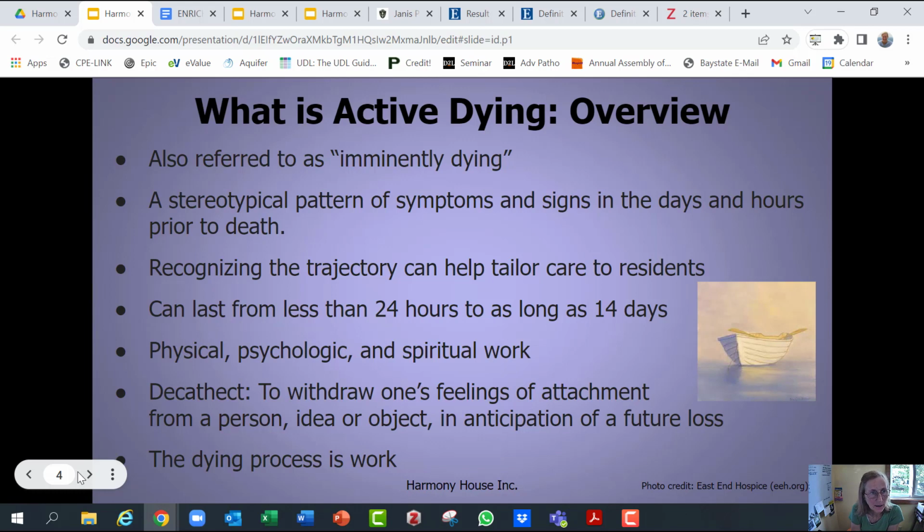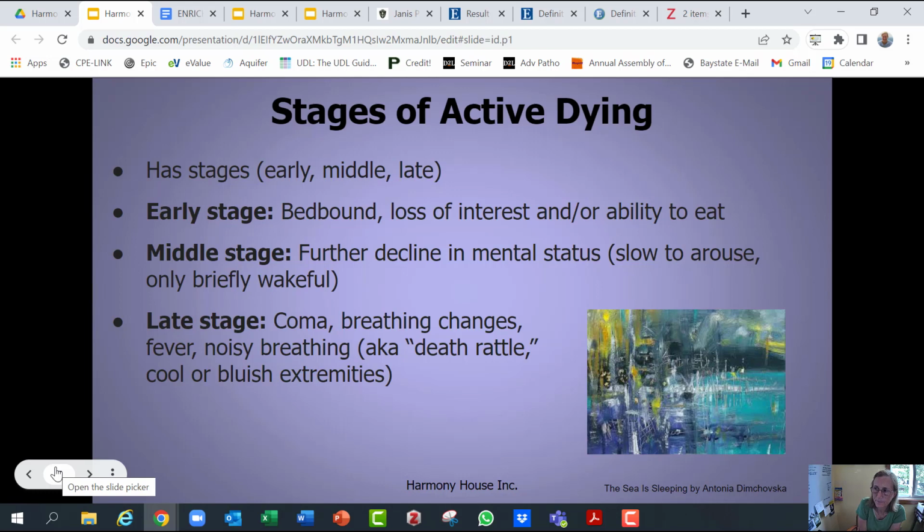I think this is a term that I learned only a few years ago and is really helpful for me in helping to describe and notice what's happening as patients are moving through the process of active dying. And like labor at the other end of the spectrum of life, when we characterize the birthing process as labor, the dying process can also be seen as labor and is work for the patient and the resident to go through all those dimensions. So we'll touch on that a little bit more in the future as well.